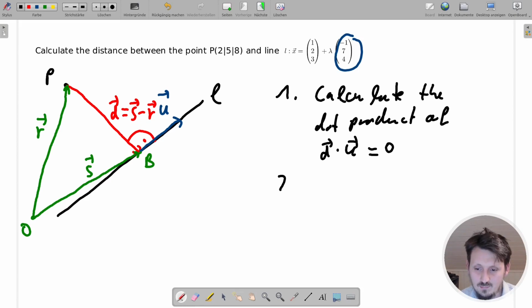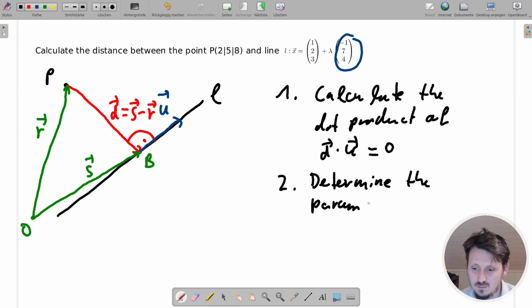I will just change the order, but it doesn't matter. And when you do that, you get the line parameter from that, so this lambda can be determined. So the second step is to determine the parameter lambda. And the third step is when we have lambda, we have to insert it into our vector D that we have noted down here, and then we can calculate the absolute value.